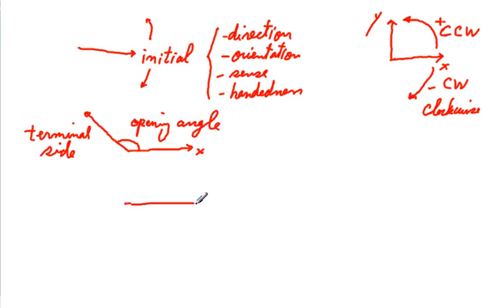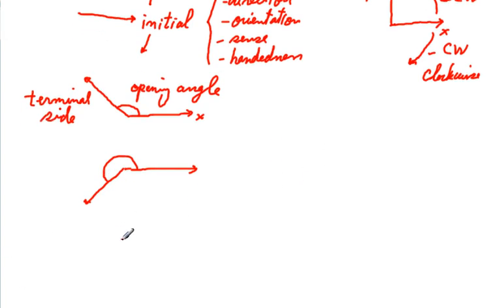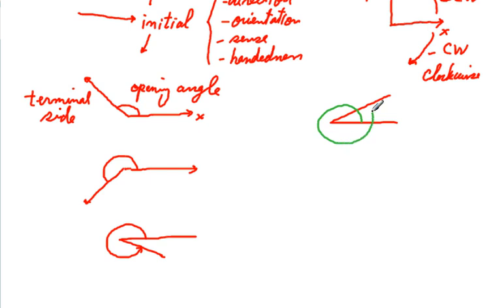It could be like this, it could be like that, perhaps we turn like this, or it could be that I started from here, went all the way around, came back, and then made the full rotation and went a little bit extra.